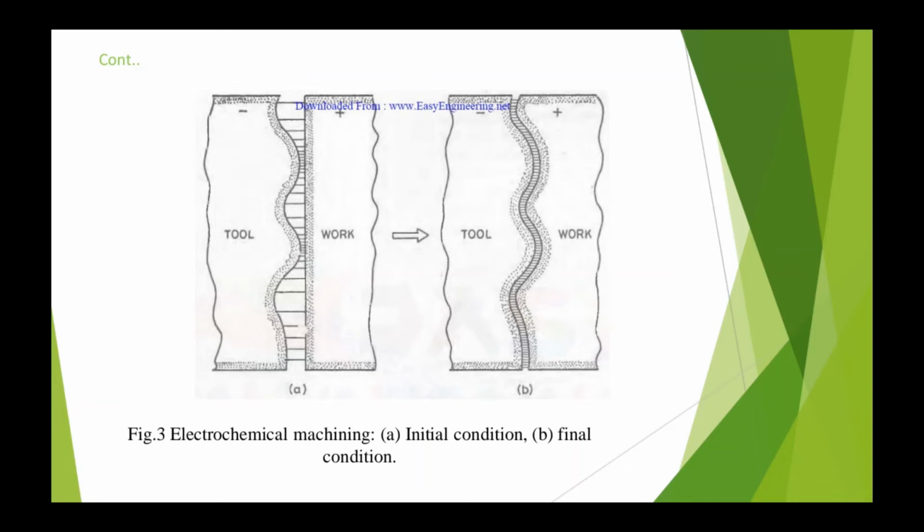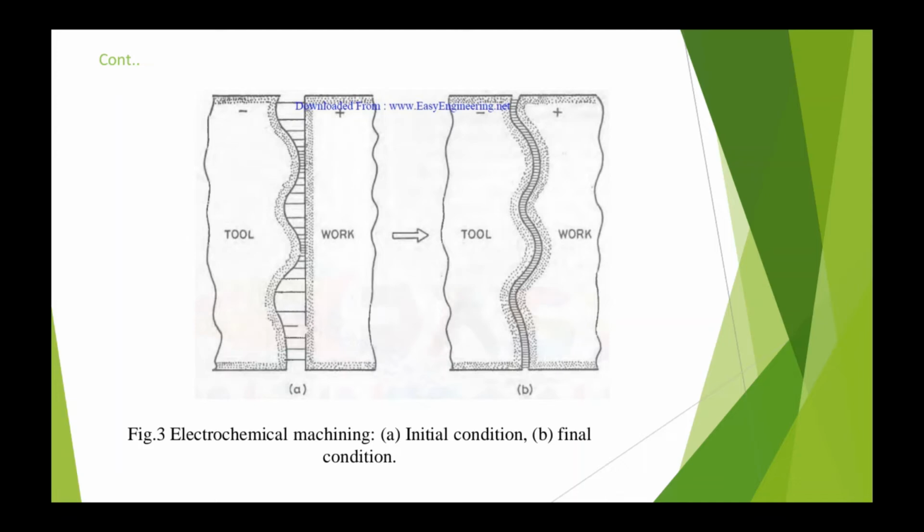Now here I have shown the figure of the initial condition during electrochemical machining, and what we will get as the final product after electrochemical machining. So in figure 1 is the initial condition, and the second is the final condition. In the actual process of electrochemical machining, the cathode is a tool shaped as a mirror image of the workpiece, and the anode is the workpiece.